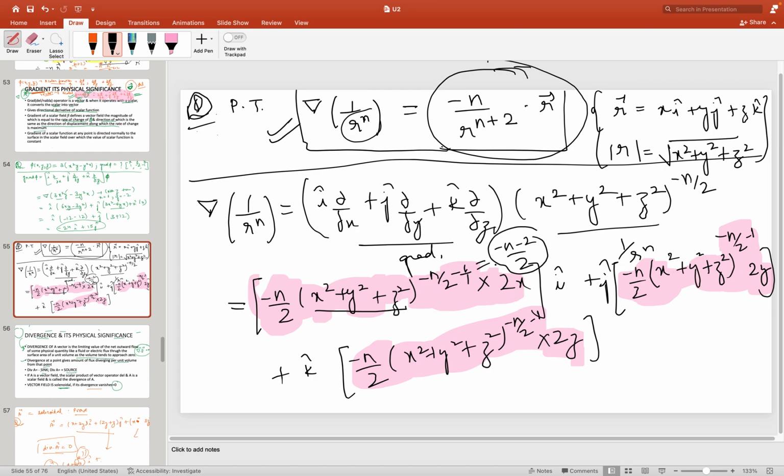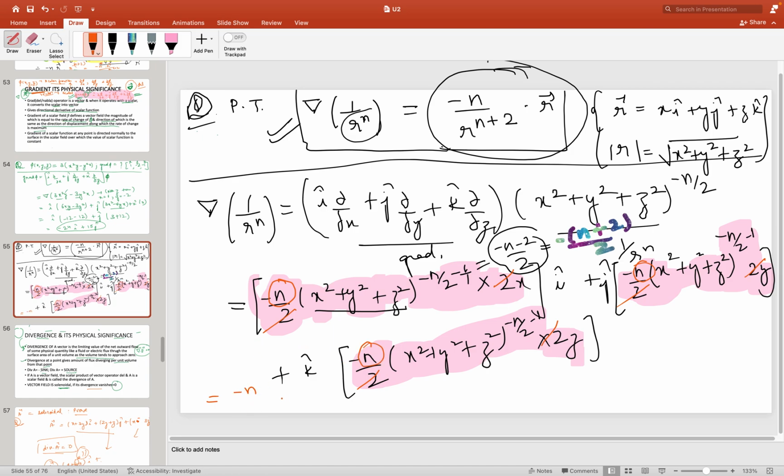We can write it in this particular format. If we take the minus sign outside, this can be written as minus n plus 2 upon 2. Let us cancel this 2 with 2 everywhere, 2 here and 2 here. So I am left with n. n is common in every expression, so I can take n outside with the minus sign.